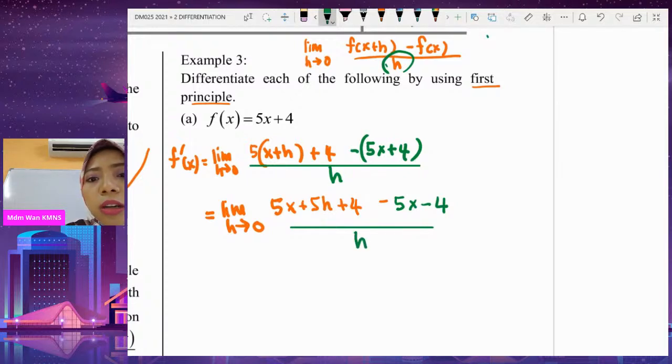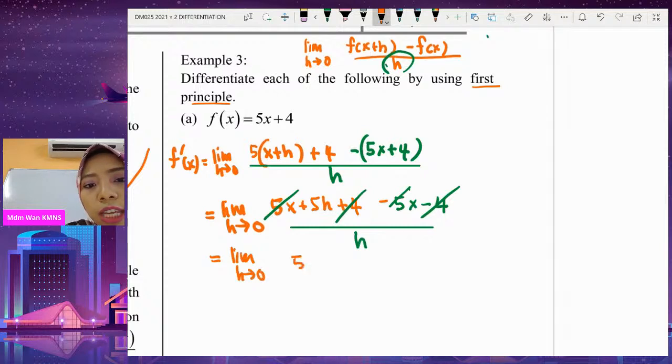Okay, so ini I dah buka bracket dia, 5x minus 5x, 4 minus 4 cancel out, therefore limit h approaching 0 is equals to 5h over h. Okay, so h and h cancel out because ni you dapat 0 over 0 kan, so either you factor or you cancel, you mesti cancel h on the denominator ni. Okay, and then it's equals to 5.